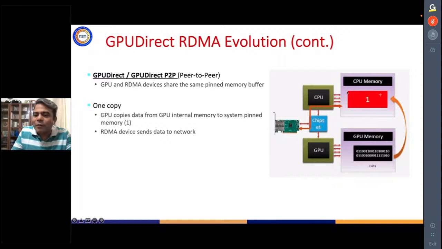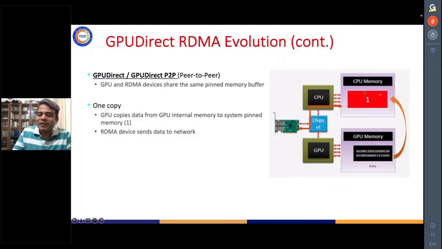Obviously, there are lock mechanisms implemented in the control plane so that you don't end up corrupting the memory. But once the GPU has written its data onto the system RAM, the adapter can access the same area in the system RAM and do a DMA operation to the other side. And therefore, it gives a good amount of acceleration because now you have completely avoided the memory copy within the system RAM.